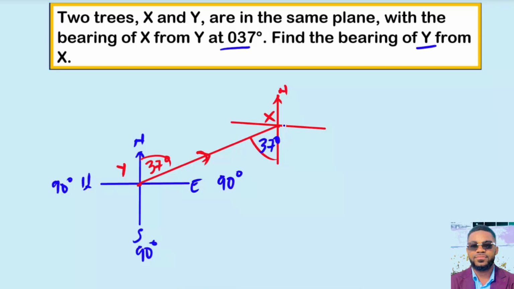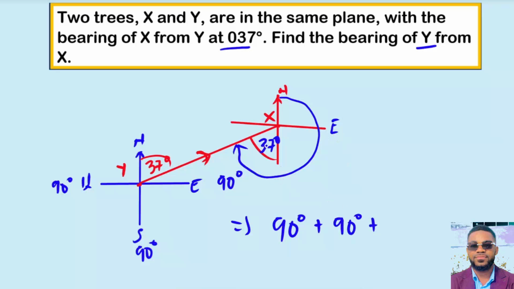And how do we do that? We're going to move from the north in a clockwise direction up to this line. We just add all the angles that we've covered. We should know that as we move from each quadrant to the other, we are moving 90 degrees. So the answer is going to be this. From the north to the east, we've covered 90 degrees, plus from the east to the south here is another 90 degrees.